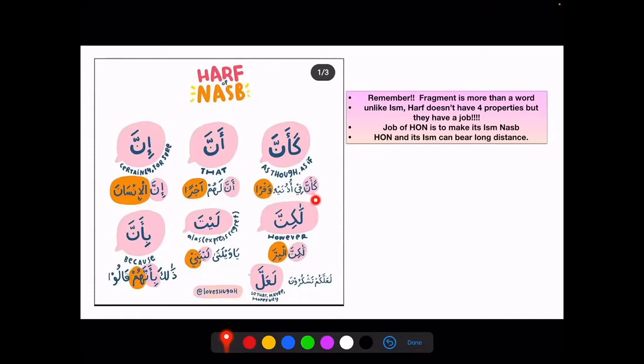No, right? Why not? Because this is a jar majroor fragment. Fi is harfu jar, and ka'anna is going to affect what? An ism, not a harf, right? So ka'anna fi uzunehi. So fi uzunehi is the jar majroor fragment in between, and waqra basically is the victim of ka'anna. So this is the ism of ka'anna.